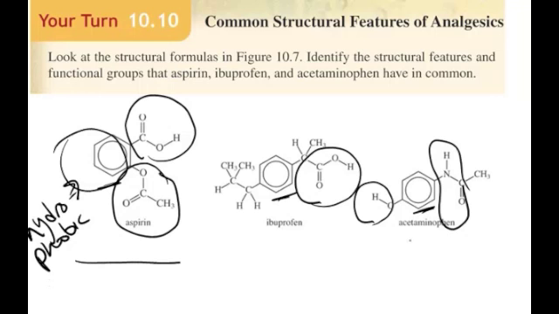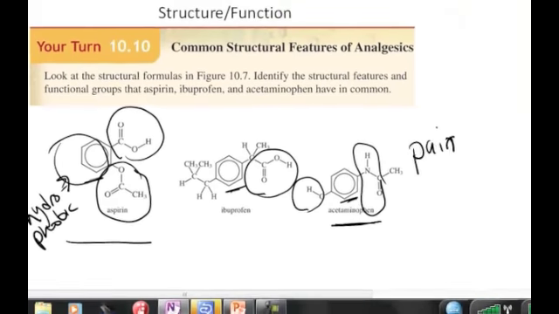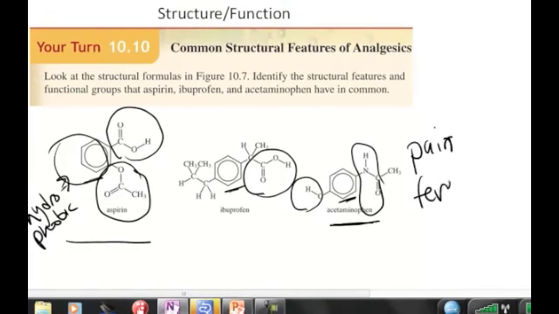Well, if you look over to acetaminophen, something to tell you about acetaminophen is it doesn't have one side that's just hydrophobic. And as it turns out, there's something important about having a hydrophobic site that increases the anti-inflammatory effect of the analgesic. Acetaminophen has very little to no anti-inflammatory effect, but it is a pain reliever and a fever reducer.